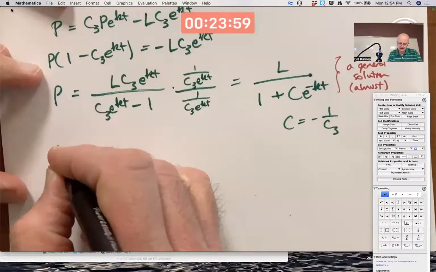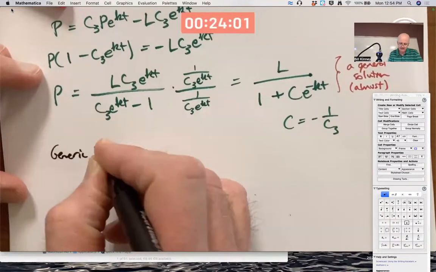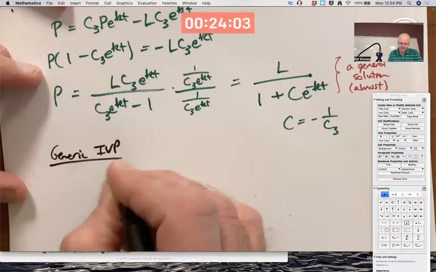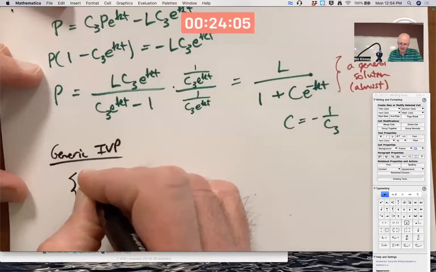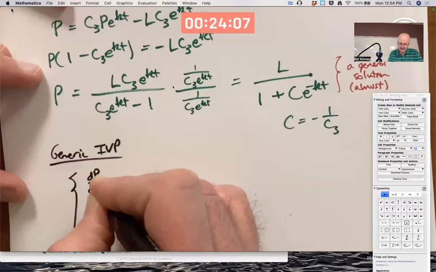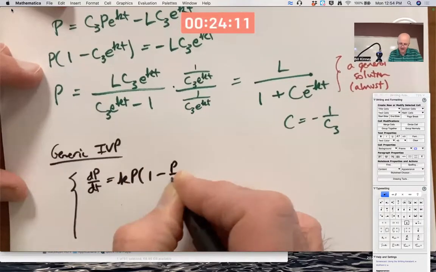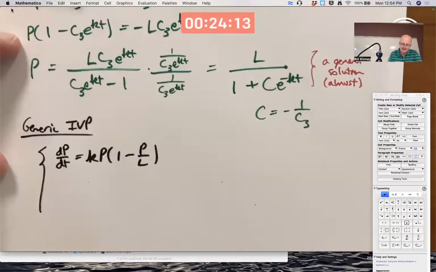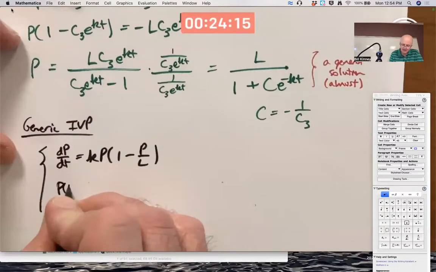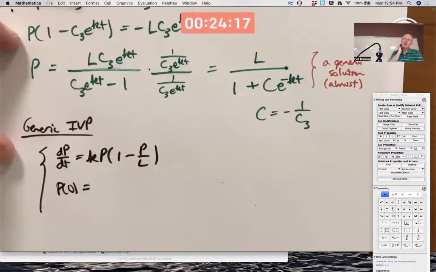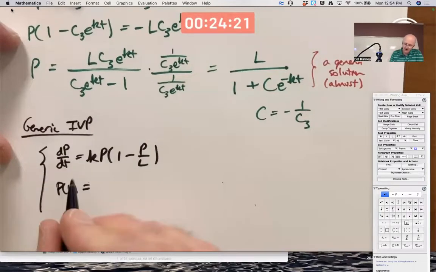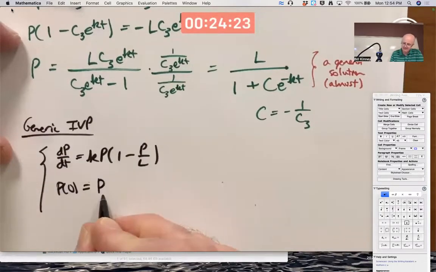Generic IVP, again, in the case where h is 0, dP/dt is kP times 1 minus P over L. I'm not going to bother putting the h in there. P of 0, yes, I could pick a particular number here, 5, 10, whatever. But let me allow for an arbitrary initial condition, P sub 0, or P naught if you prefer.